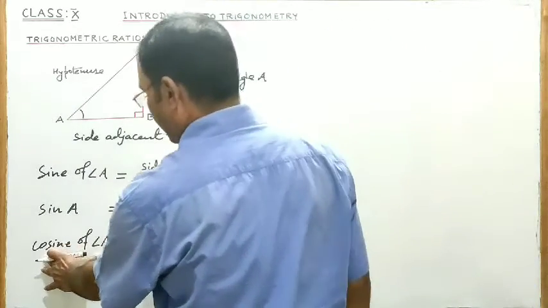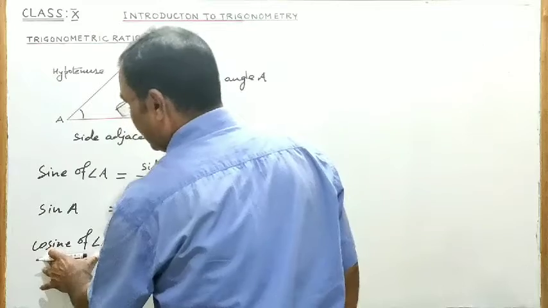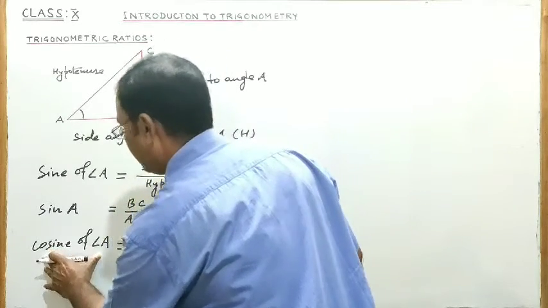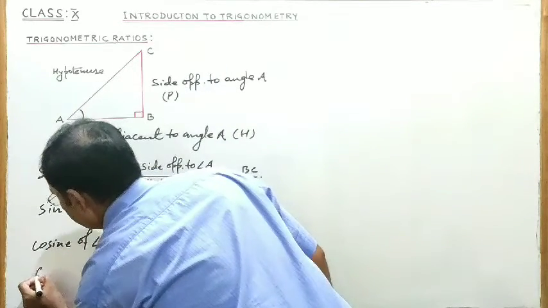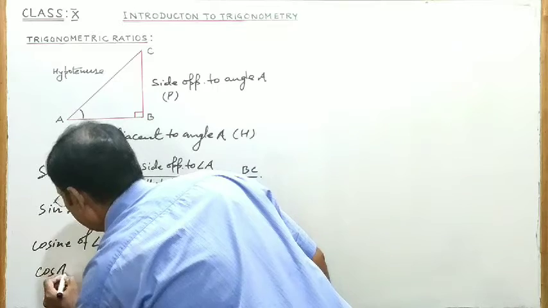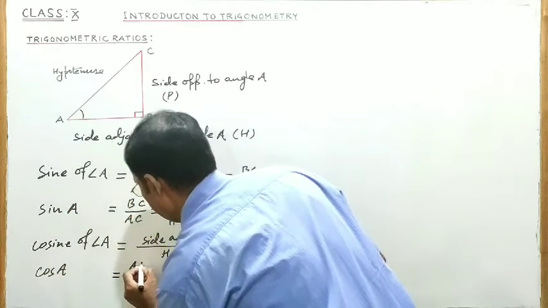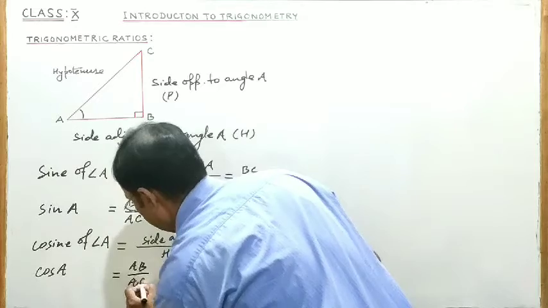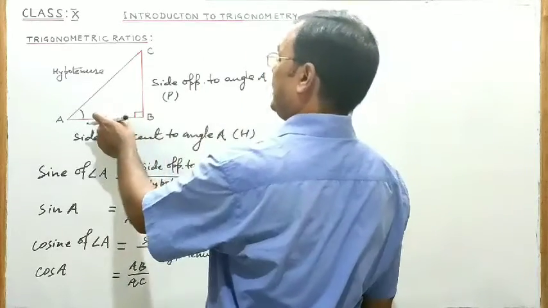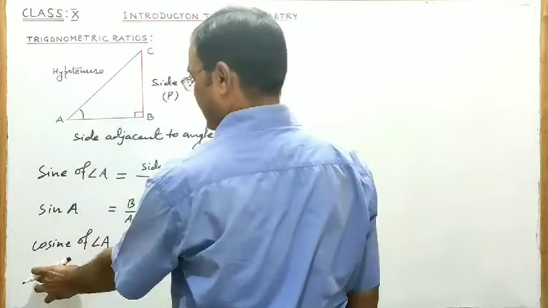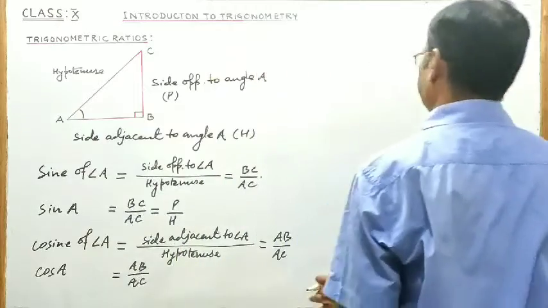Here cosine of angle A is written in brief, or abbreviated, as cos A, equal to AB by AC. AB by AC is cos A.